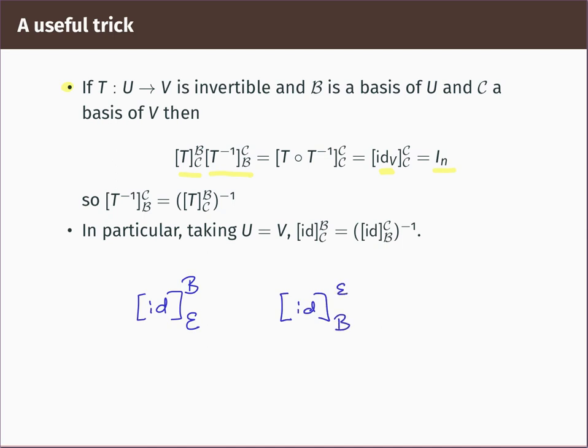And what this is telling us is that the first one is the inverse of the second one, and the second one is the inverse of the first one.